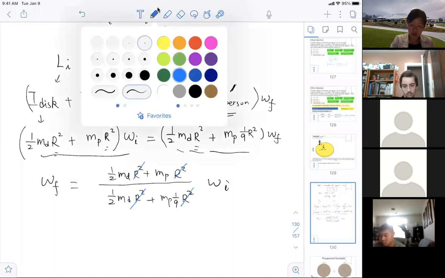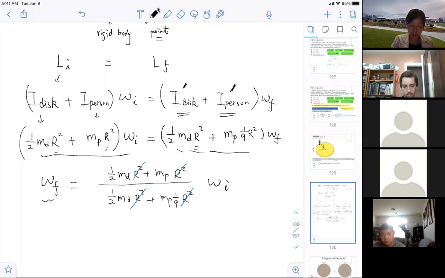Okay, which makes sense. Omega f should depend on omega I, simply depending on how mass is now distributed. It shouldn't really depend on your radius, right? Because the only thing that's been changing is how your mass is now being redistributed.